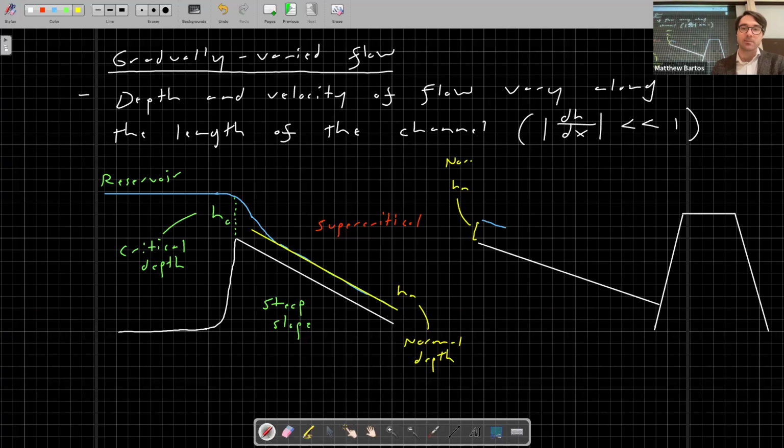Again, this is the normal depth. But as we approach this impoundment, the depth of the water is going to increase, and you'll get something that looks like this. So here our channel is a shallow slope or mild sloped channel, and our flow regime throughout this length is going to be subcritical.